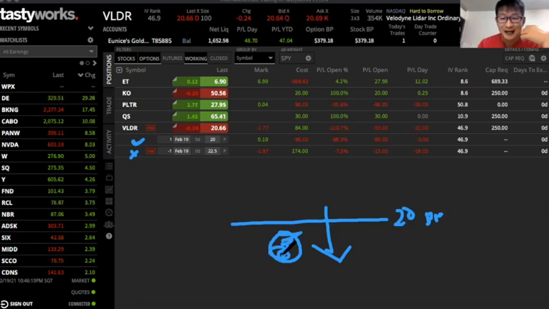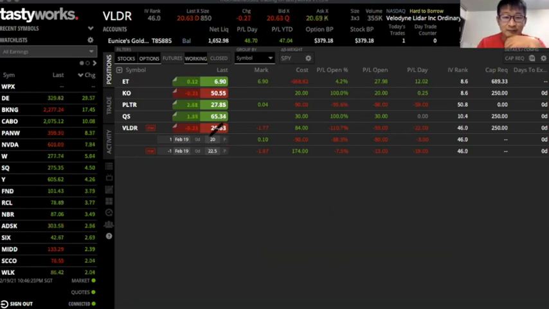But this is unlikely, because we only have less than 8 hours of trading time left. Is it possible to drop? I don't think so. So what is the best strategy we can use over here?